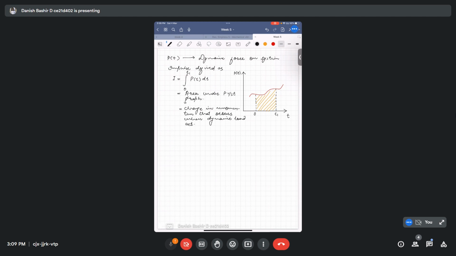So, for example, we have impulse, which is actually the area under the force versus time function. So it's the change in the momentum, I, which will be equal to m v naught.